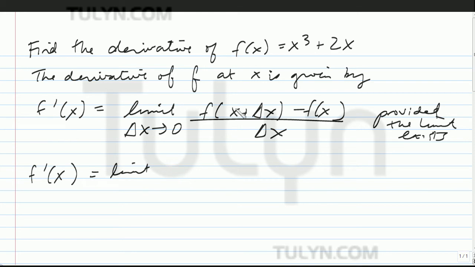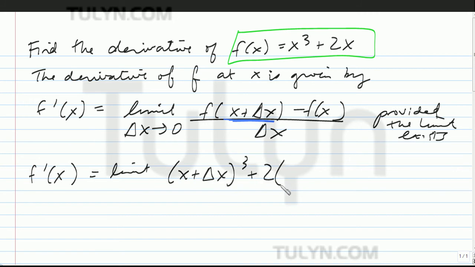of, now, here's your f of x function, right? We're going to be plugging this into that, right? So it's going to be x plus delta x to the third power plus 2 times x plus delta x.